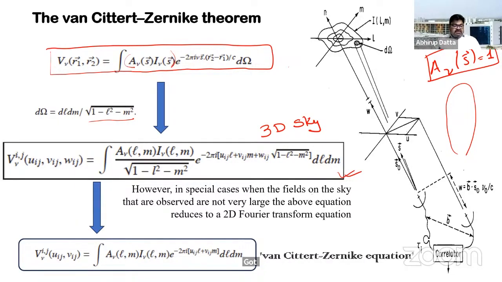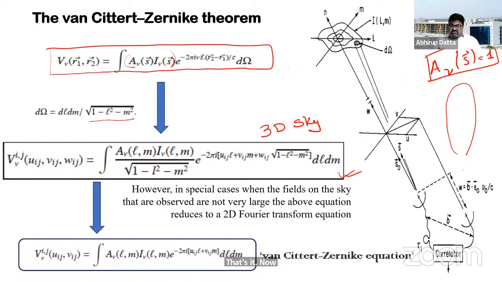For both of them, it is taken care of, and this is the full expression in its glory, where the visibility or the spatial coherence function is nothing but a Fourier transform of the product of A, the primary beam pattern, and I, which is the sky brightness. That's the expression.